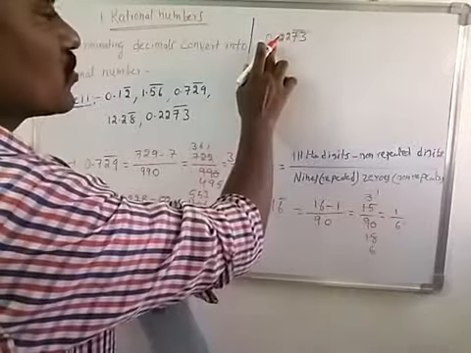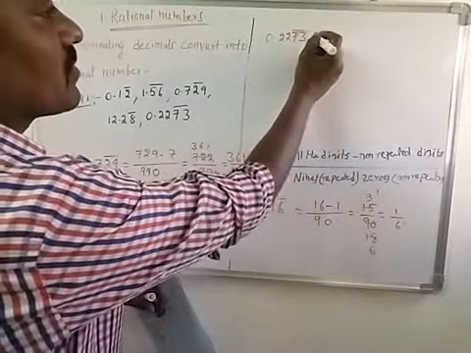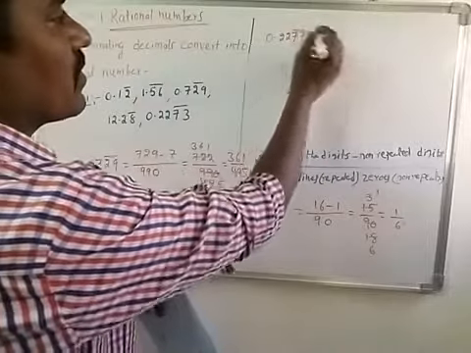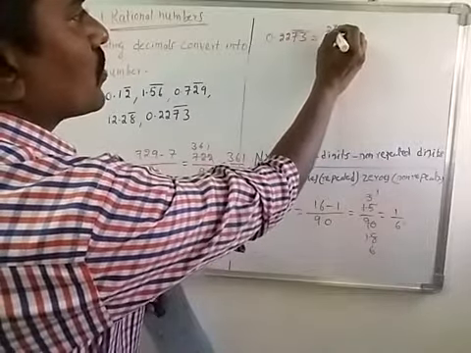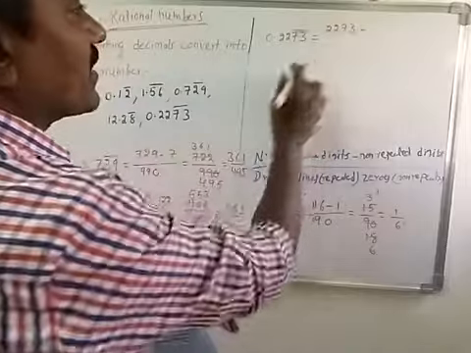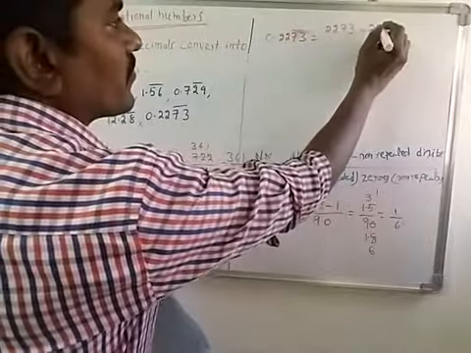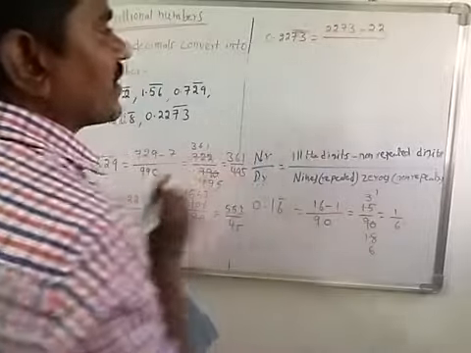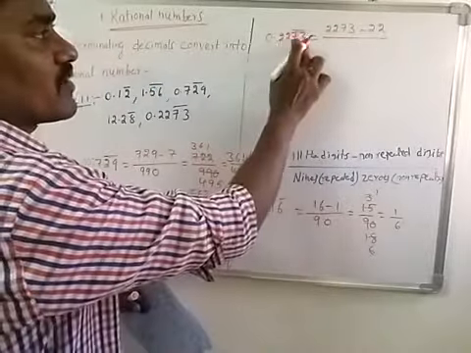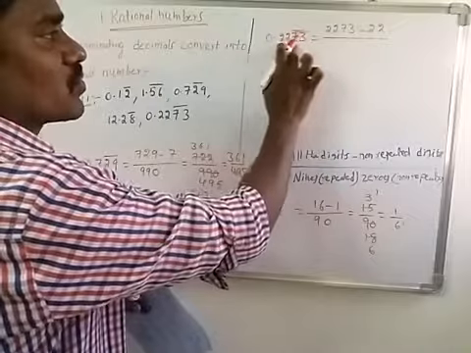And another example, 0.2273 bar. That equals, so first of all you write all digits, 2273, minus the non-repeated, that is 22, divided by how many repeated numbers? 2.